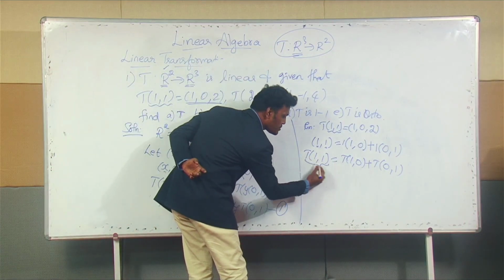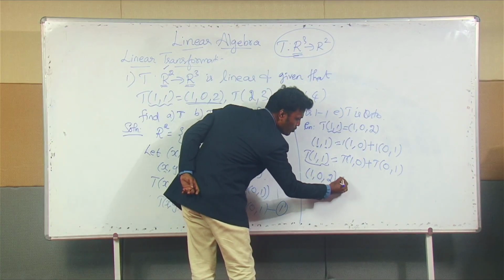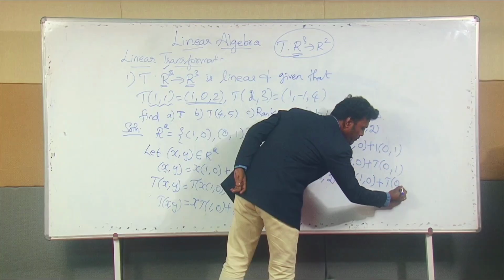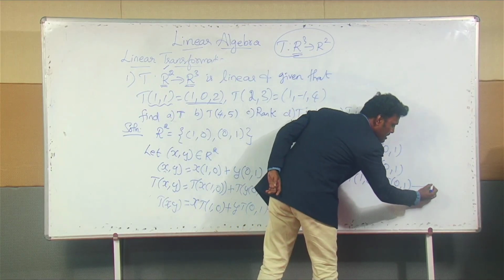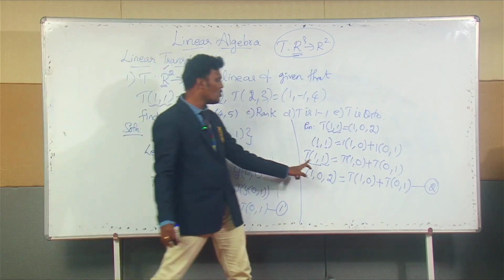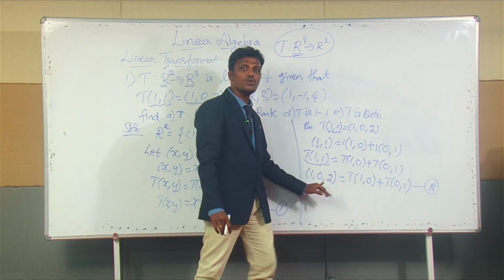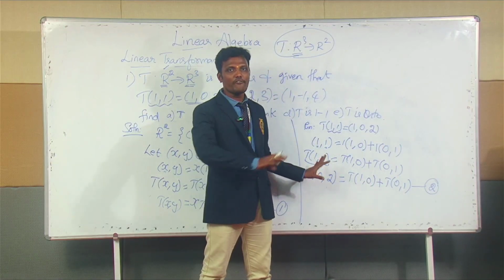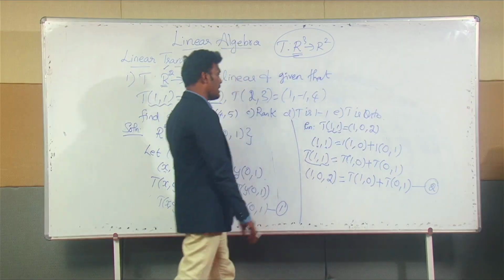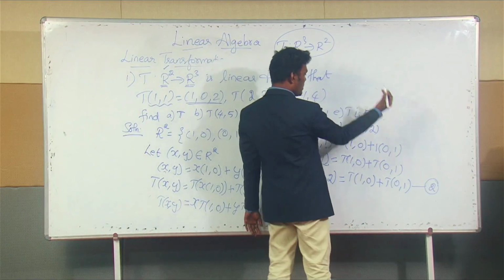So you can substitute (1,0,2) equals T of (1,0) plus T of (0,1). Label this as equation number 2. Have you understood the concept? So you have got one expression from the given data T of (1,1). Similarly, we have to find the other value. What is the other value?